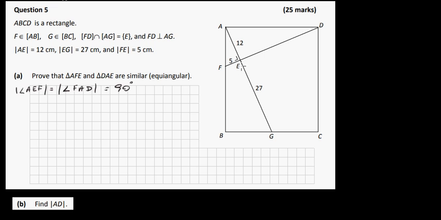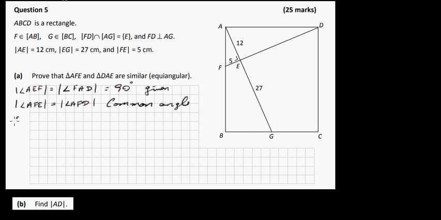We're given that in the question, so that's given. So this is 90 degrees and this is a rectangle, so we know that this angle here is also 90 degrees. Now we can also say that the size of the angle AFE is equal to the size of the angle AFD. Why? Because they're common angles. This angle here, in other words, is in both triangles.